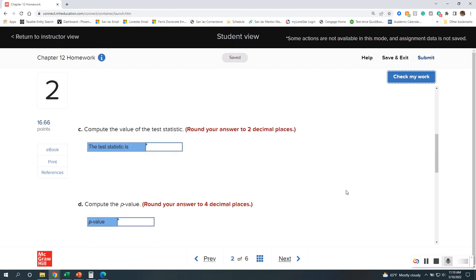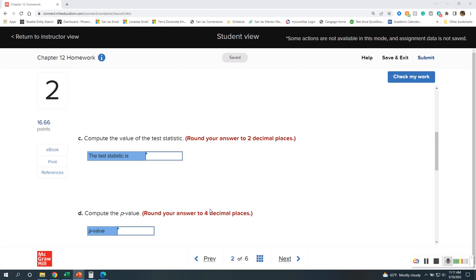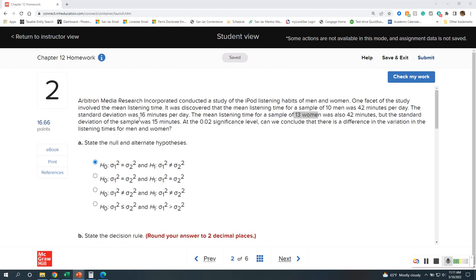Watching too much Bob the Builder. Can we fix it? Alright, so to compute the value, we're going to take the standard deviation of 16.